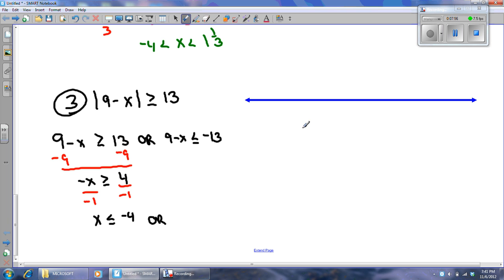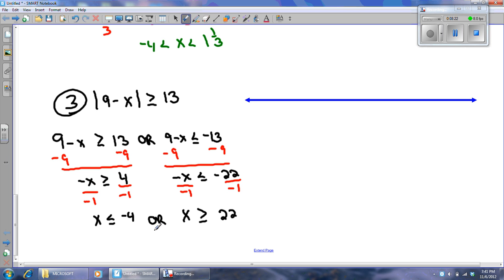All right, I got to solve the other part. I'm going to subtract 9, just like I did on the first one. And I'm going to get negative x is less than or equal to negative 22. And then I'm going to divide by negative 1, and then x will be, whoop, whoop, greater than or equal to 22.